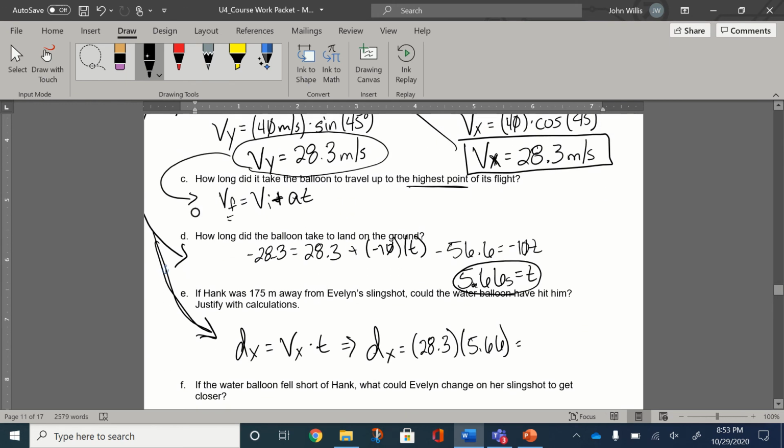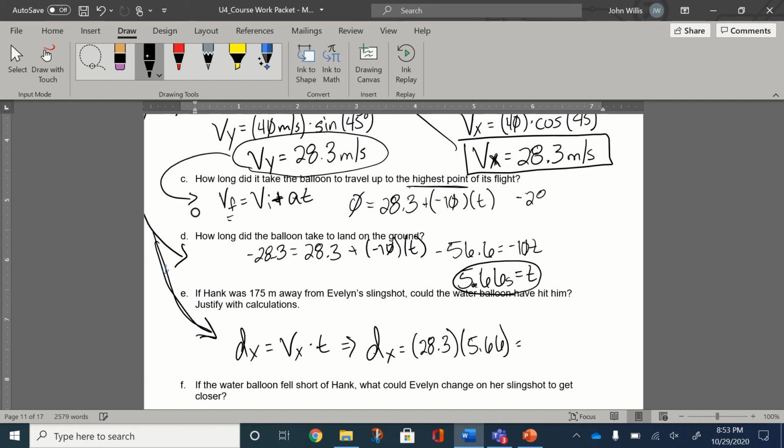And if your vertical speed at the very top is always going to be 0, then 0 is equal to, again, positive 28.3 plus negative 10 multiplied by time. Notice the only thing that changes is my final speed. So I still subtract 28.3 from both sides.